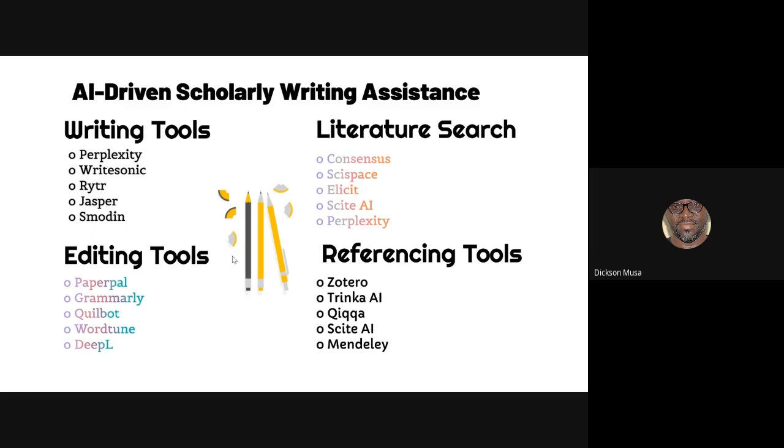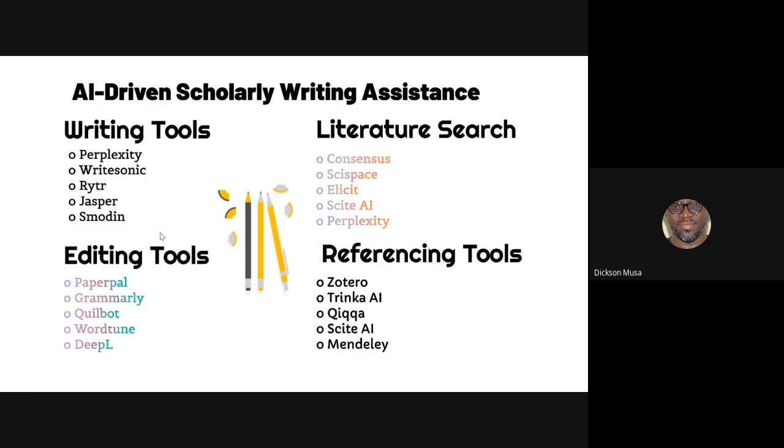Now we have AI-driven scholarly writing research tools or writing assistant tools. And we have what we call the writing tools. This helps you to write, just like it implies, write. You have something to write about, you give it some prompts, and it helps you to do your writing by giving it prompts.